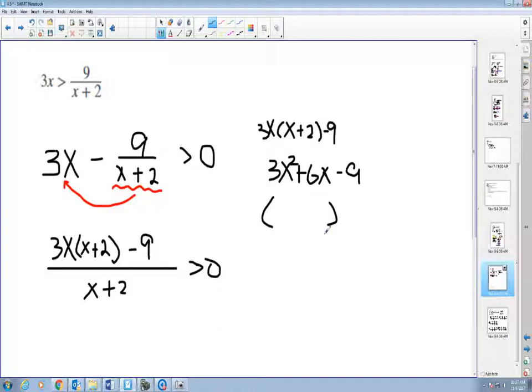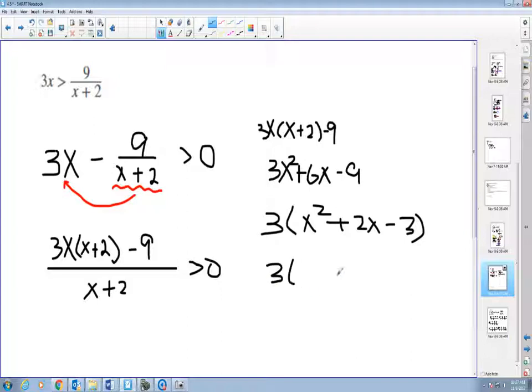Alrighty. Can I factor this thing? I can factor out a 3. Let me do it right here. 3x squared plus 6x minus 9. I can actually factor out a 3 right now. So that will give me x squared plus 2x minus 3.